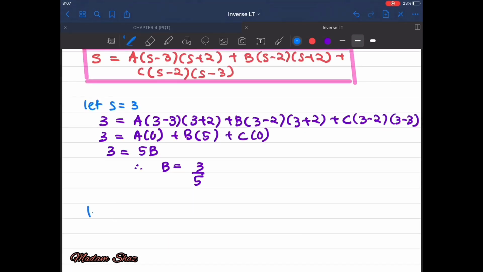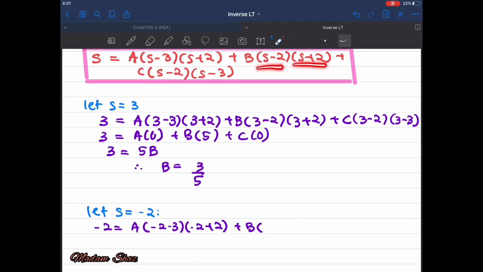So now let S is equal to negative 2. So the left hand side S will become negative 2 is equal to A multiply S minus 3, S plus 2. Negative 2 minus 3, negative 2 plus 2. Plus B multiply S minus 2, S plus 2.